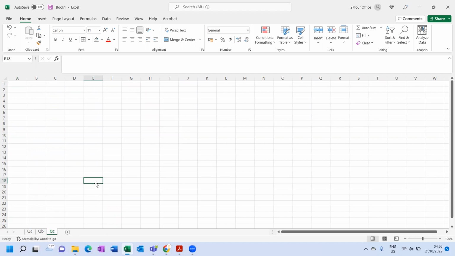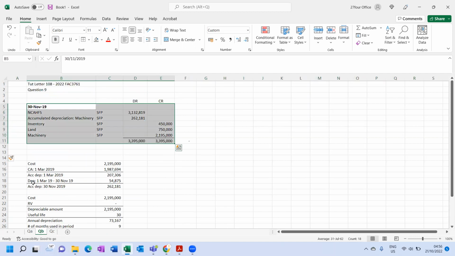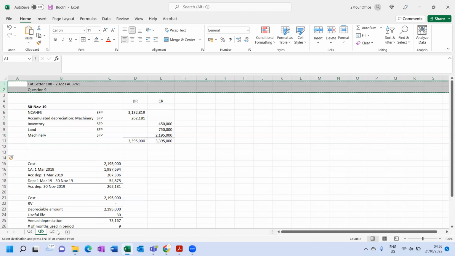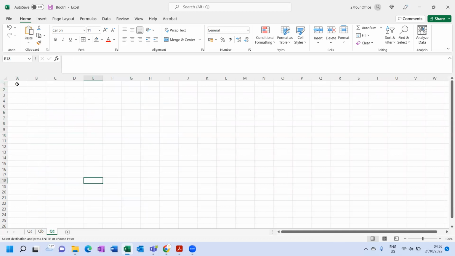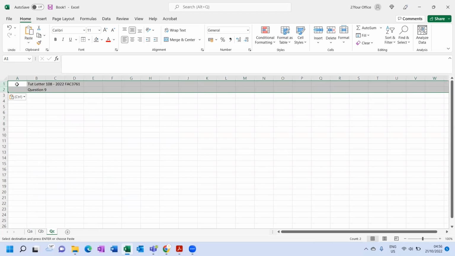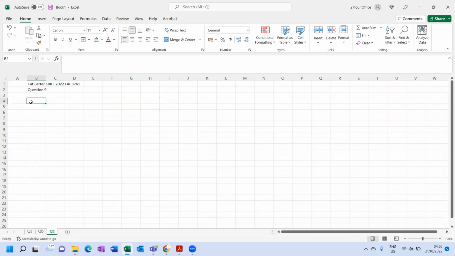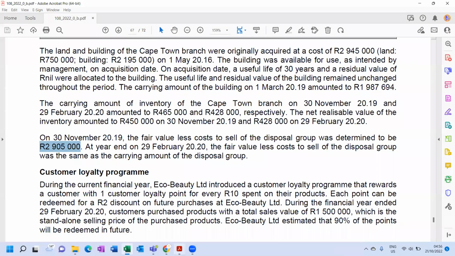So part C wants us to disclose the two notes, the disposal group note and intangible assets. Okay, so let's just have a look. What do they want? They ask us to disclose. So the first thing you have to do is state the company name. What is this company name?